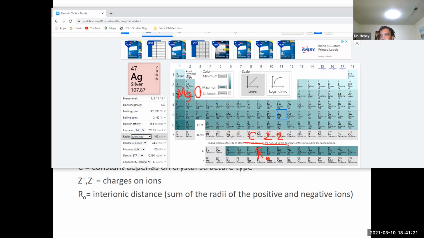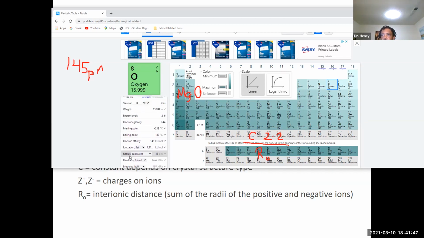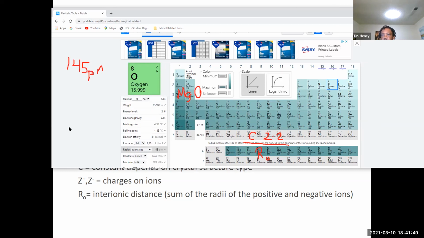So we'll go to magnesium: 145 picometers. And then oxygen, right there: 48 picometers.